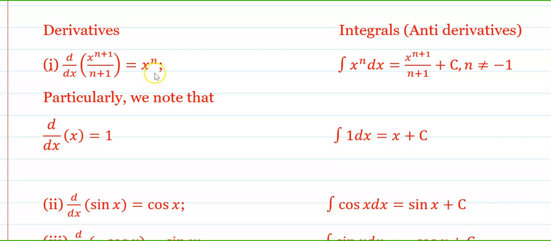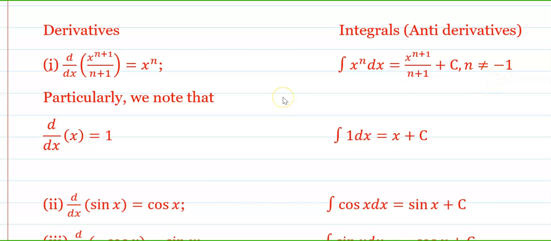Then it's clear that the integral of x raised to n into dx is equal to x raised to n plus 1 upon n plus 1 plus c, where the value of n is not equal to minus 1.